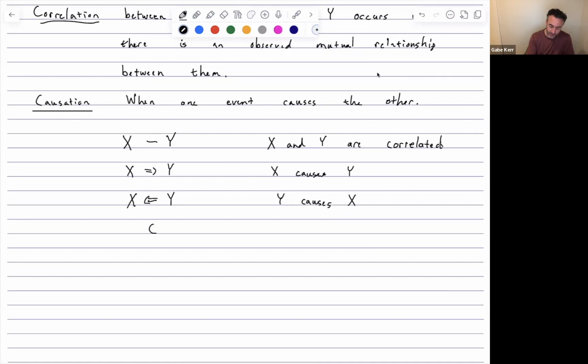One is that you have this external cause, a third event that's causing X and Y, but X and Y are not causing each other. So here you'd have some extra cause C causes both X and Y. So you're seeing them happen at the same time because there's some other cause for both of them.